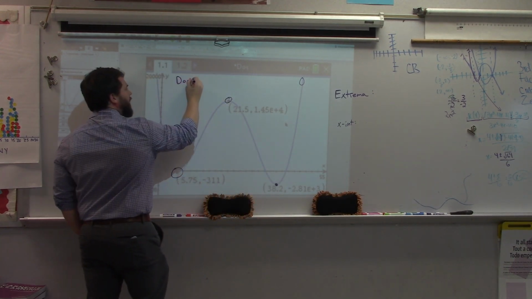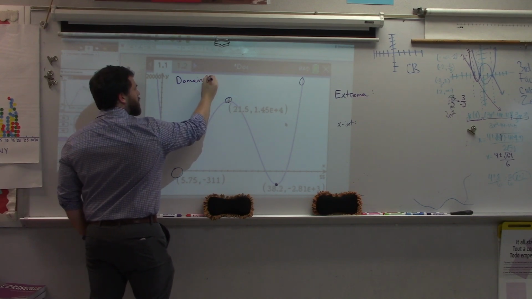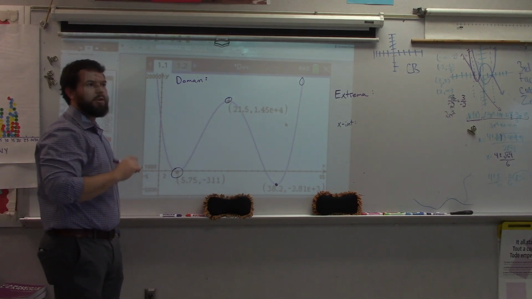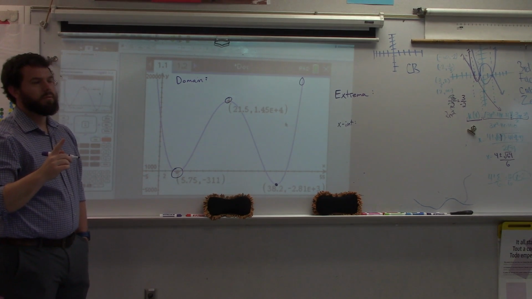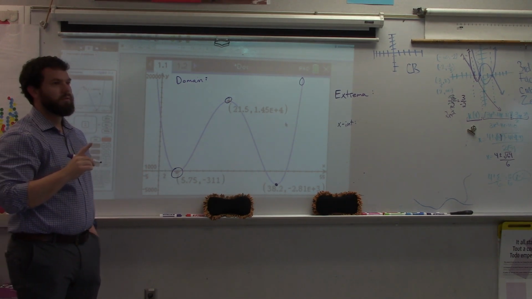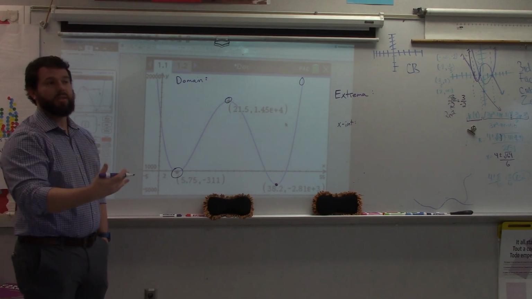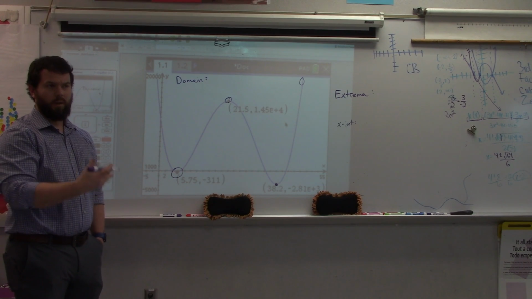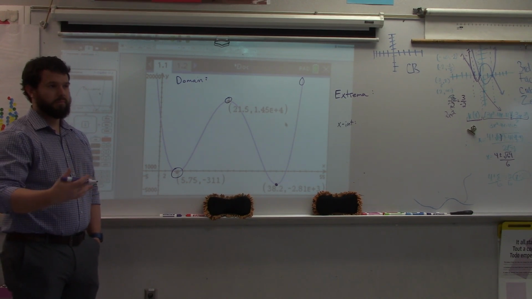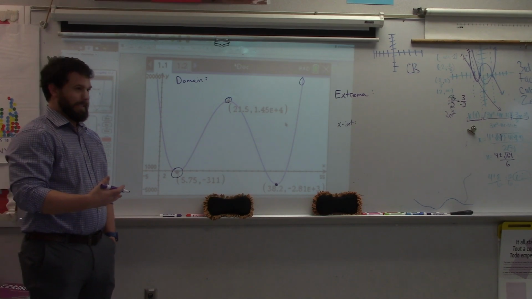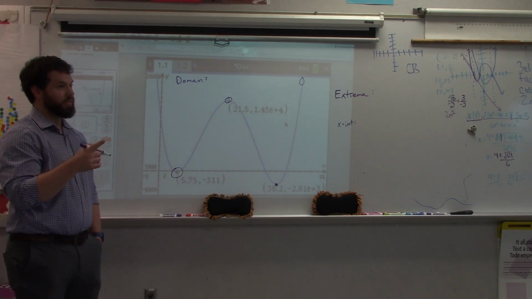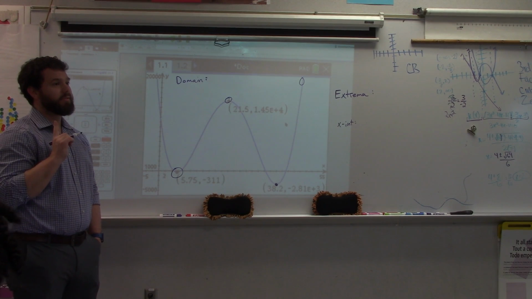Domain, what would be the domain of this function? What do we mean by domain? The x values. Domain is all my x values.